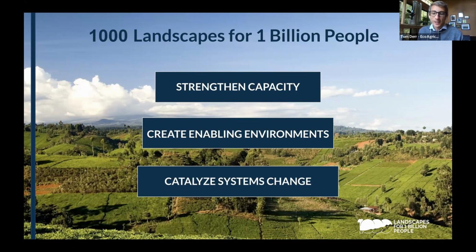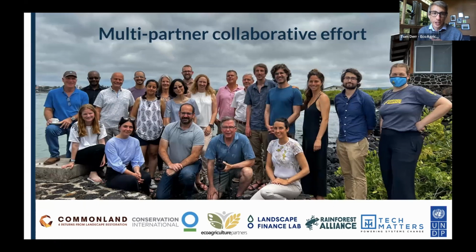Recognizing how big and ambitious these goals are, in the very early days of the initiative we recognized that this wasn't the job for just one or even several organizations, but for many organizations. As Sarah previously mentioned in her opening remarks, the 1000 Landscapes Initiative is stewarded and championed by a group of 7 core partners whose logos you can see below. But we collaborate strongly with a much larger group than just these 7 organizations.